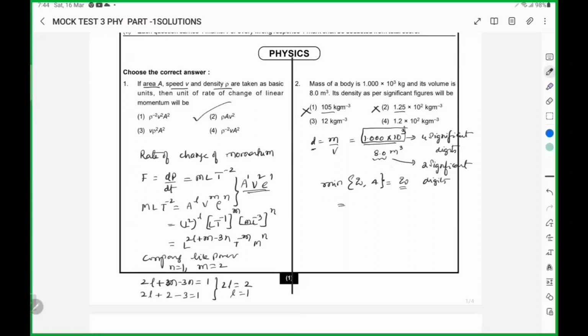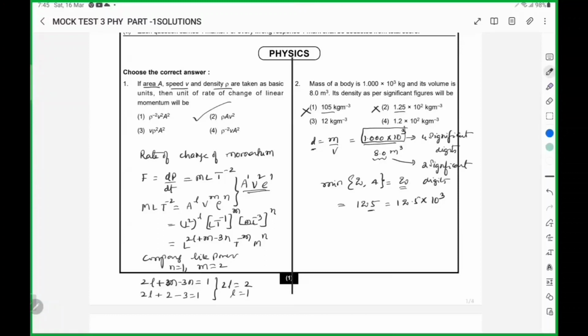So here 10 cube by 8 will be 125, but it has 3 significant digits. If the drop digit is 5, I can write it as 12.5 into 10 cube. Still it has 3 significant digits.